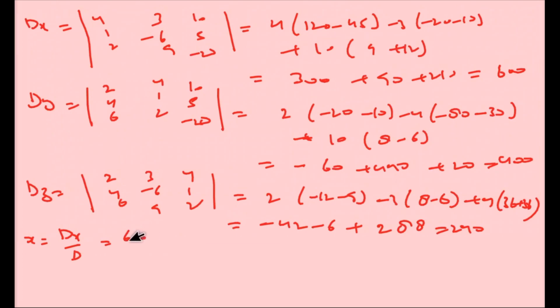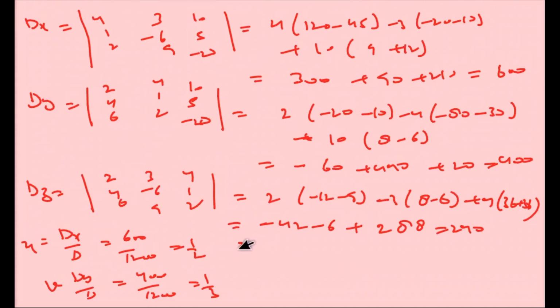Okay, hence we can get the value of u, that is equal to dx upon d, that is 600 upon 1200, equal to 1 by 2, and similarly v equal to dy upon d. We get 400 upon 1200, it is 1 by 3. It is not x by z, sorry, it is u and v.